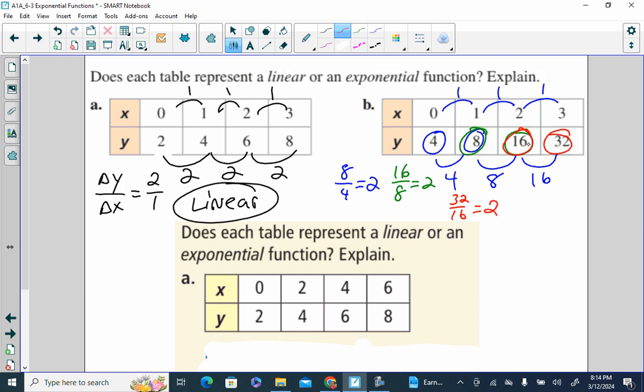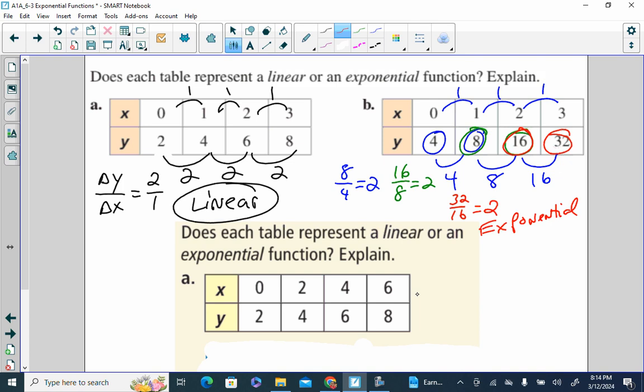When your consecutive y values form the same ratio, we know that this would represent an exponential function. So this would be exponential, for example B. Exponential.